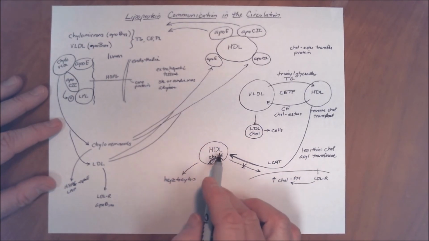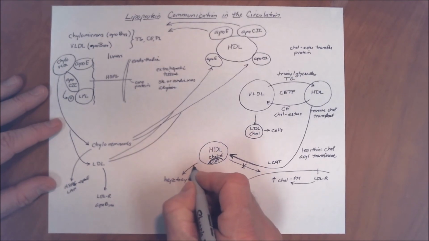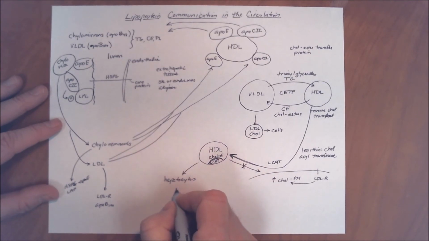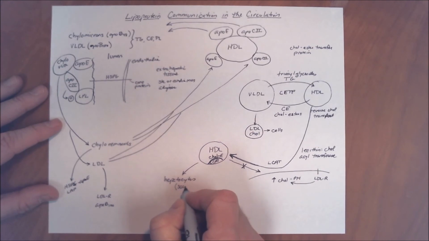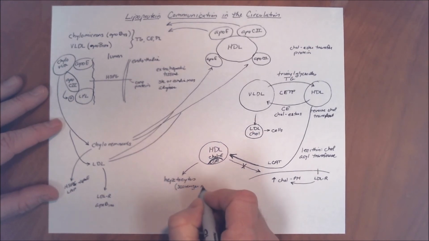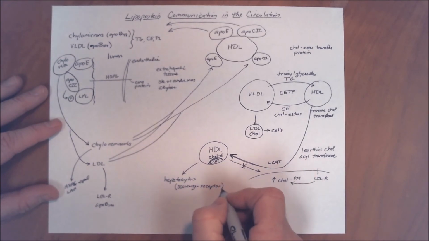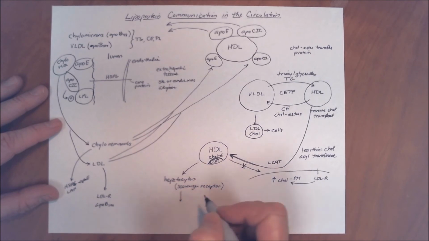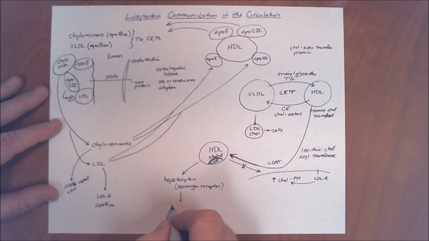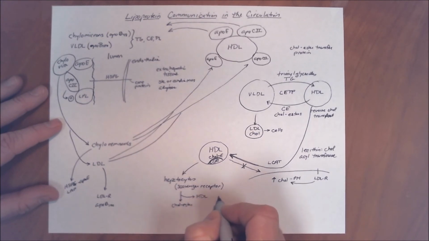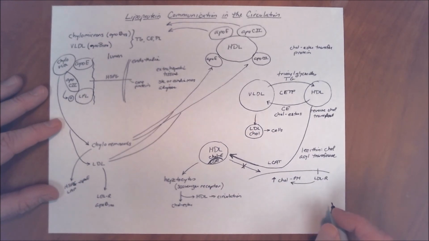Now once the HDL becomes loaded with cholesterol, it enters the hepatocyte. It does so by a receptor called the scavenger receptor. Then this is unloaded. The cholesterol esters are removed. The HDL returns to the circulation to continue its activity in reverse cholesterol transport.